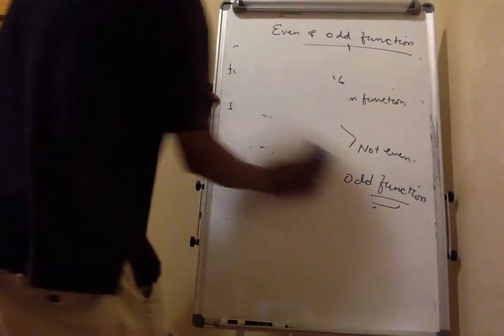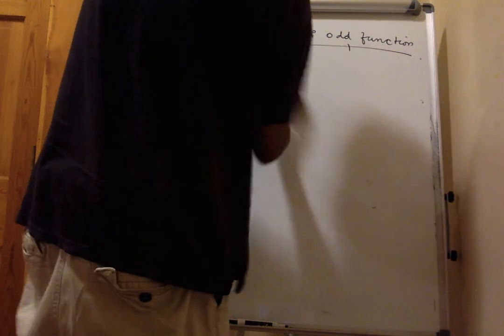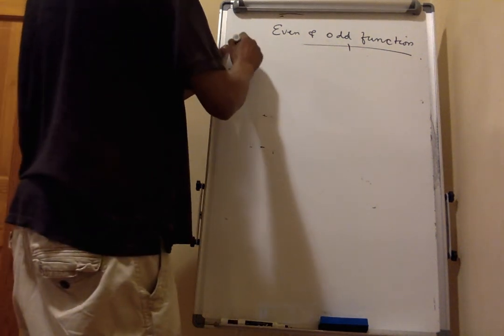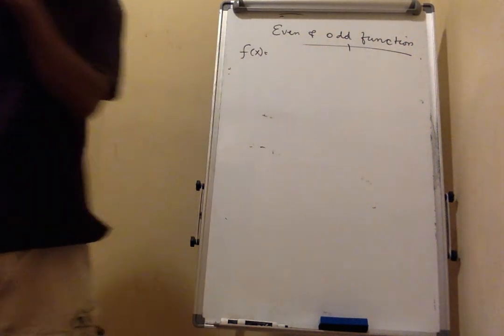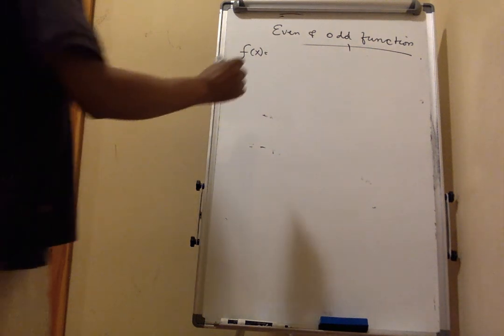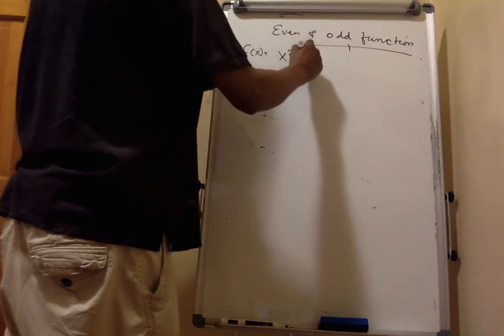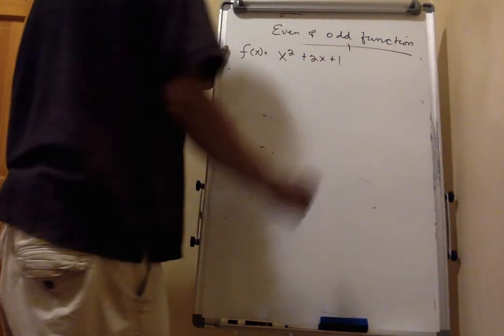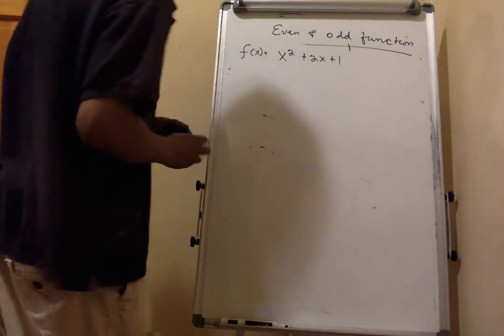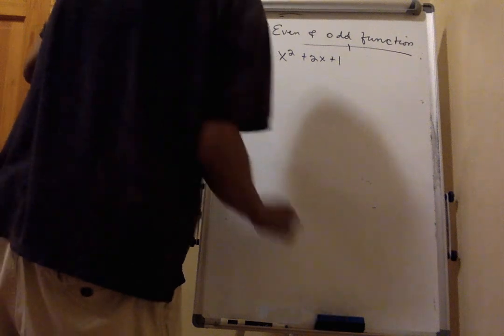Now let me do one more example and then we might end the session. Suppose now f of x is equal to x squared plus 2x plus 1. And let's see whether this one is even or odd.